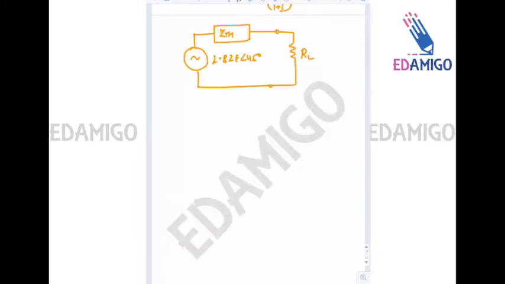So here we know the value of the voltage input, we know the value of ZTH. Now we have to find the value of RL for which maximum power transfer takes place.